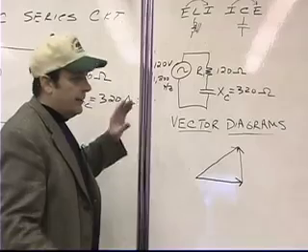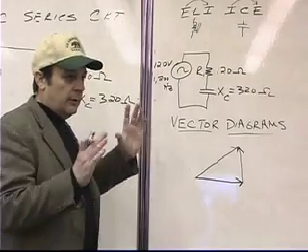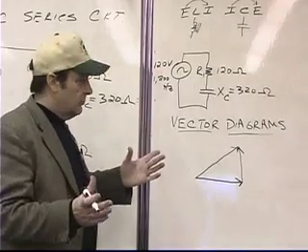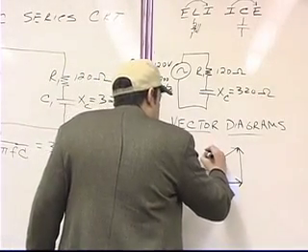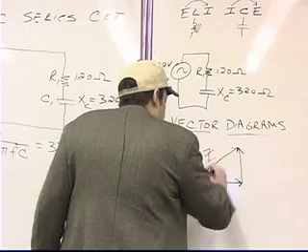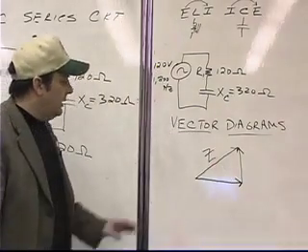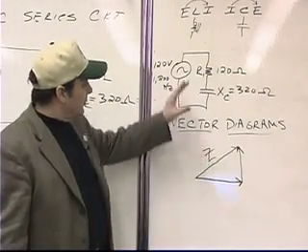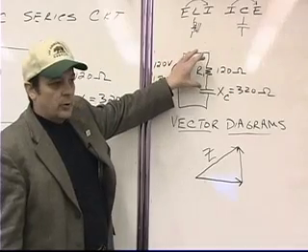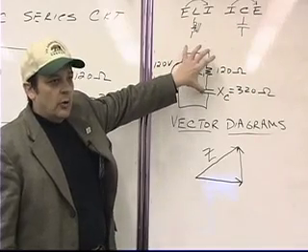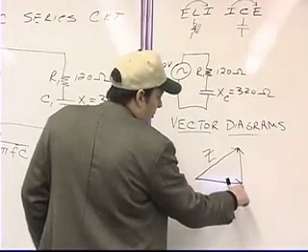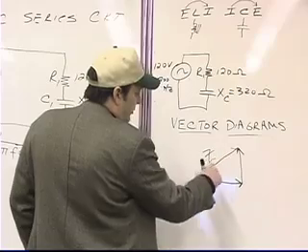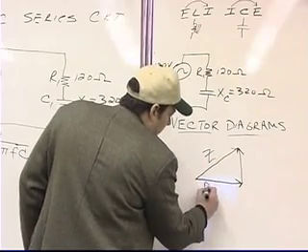Or, if we started out with an impedance diagram, which would represent the opposition to current flow of each one of the items in the circuit, we could do that. So let's just go along with what was stated there. Let's say that our hypotenuse was going to be the total opposition to current flow seen looking out from the source, or the impedance of the whole load. Then the horizontal component of this impedance vector diagram would be the resistance.